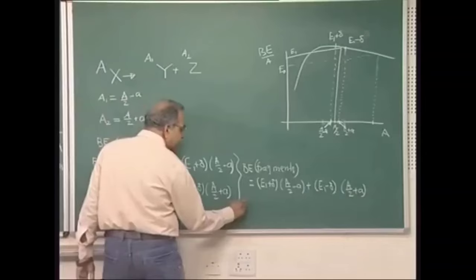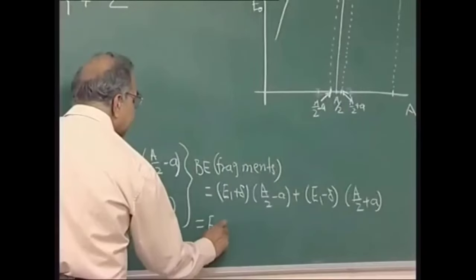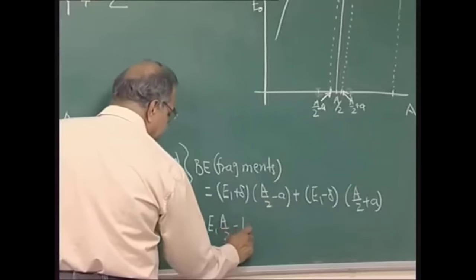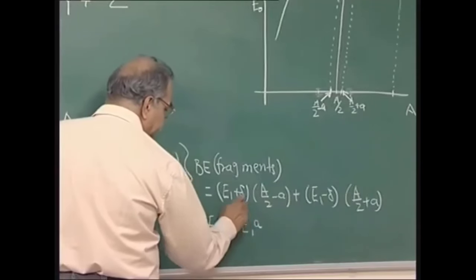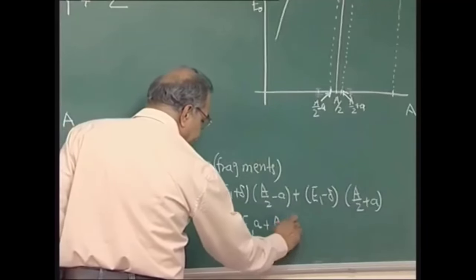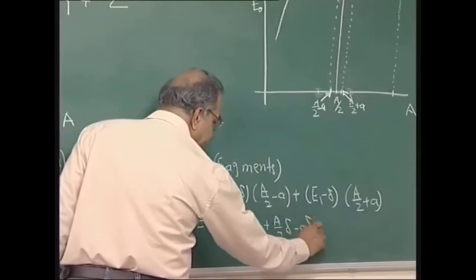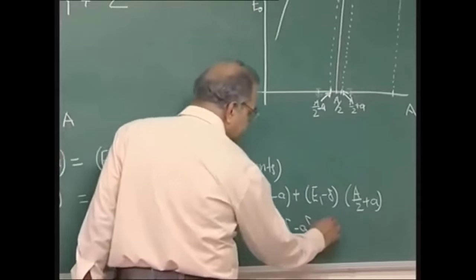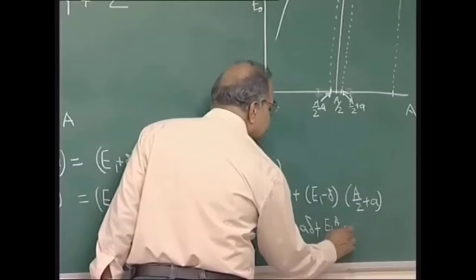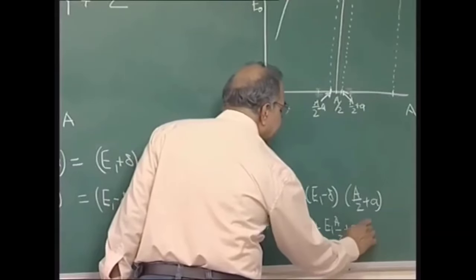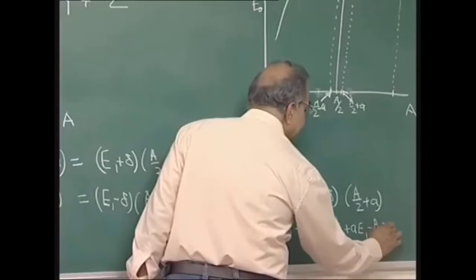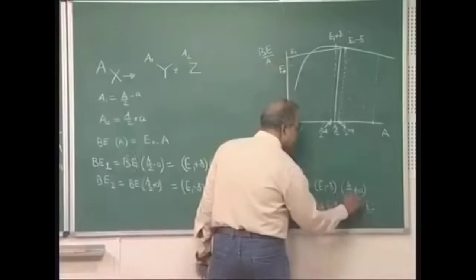This you can expand: it is E1 times A by 2, minus E1 times a, plus A by 2 delta, minus a delta; and similarly the other bracket, E1 times A by 2, plus a E1, then minus A by 2 delta, and then minus a delta.